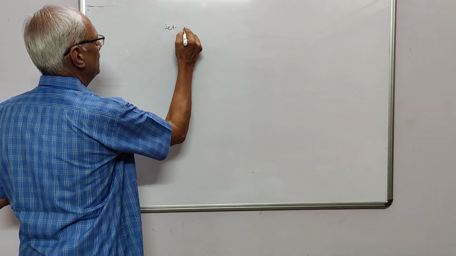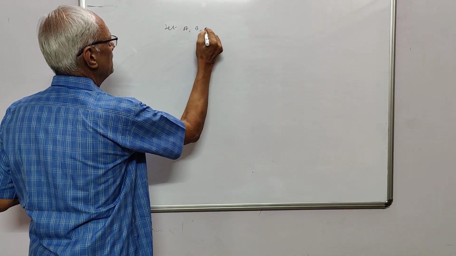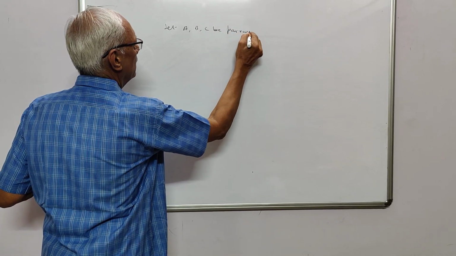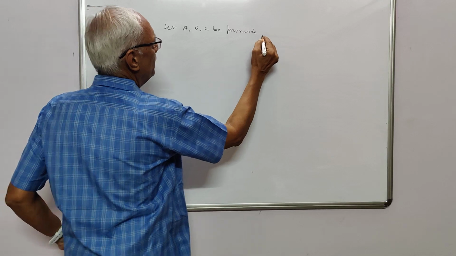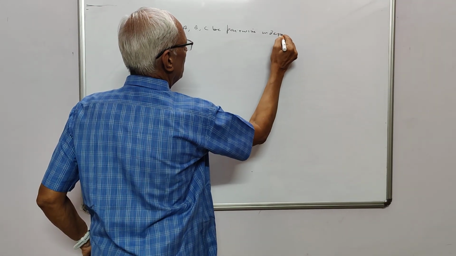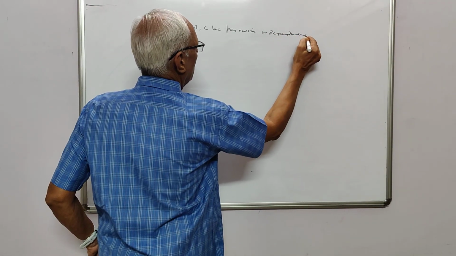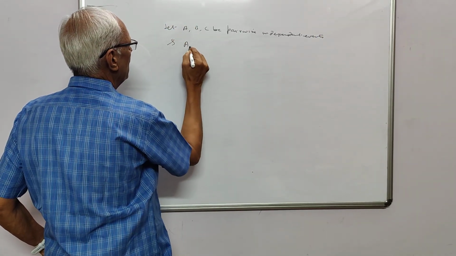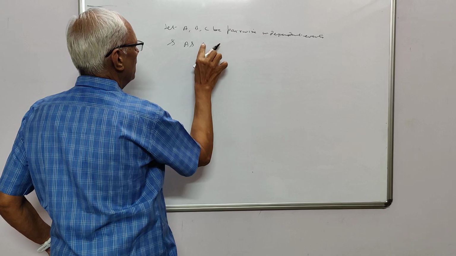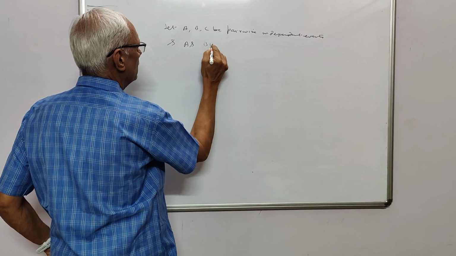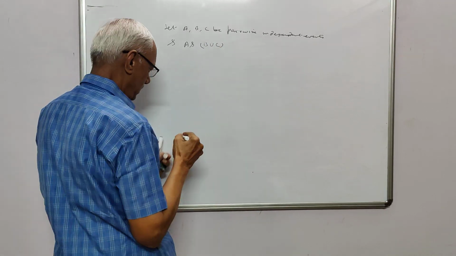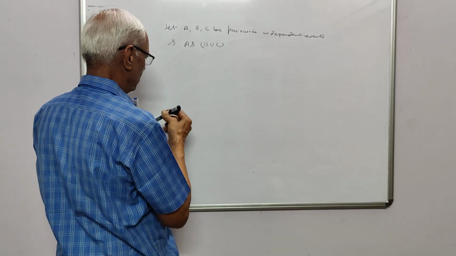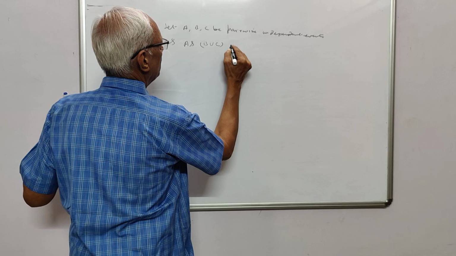Let A, B, C be pairwise independent events, and A and B union C are independent events.